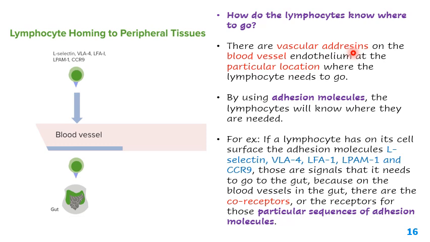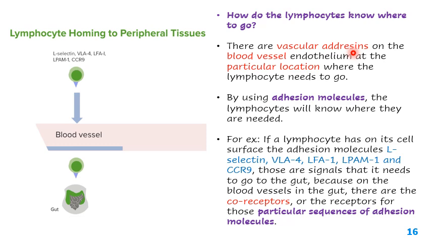They use signs. Okay, so once they got activated, once they went to the secondary lymphoid organ and got activated, they have the receptors for specific signs. Those receptors are upregulated because of the initial message that they got from the dendritic cell.